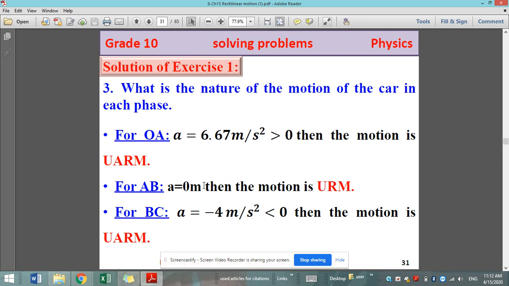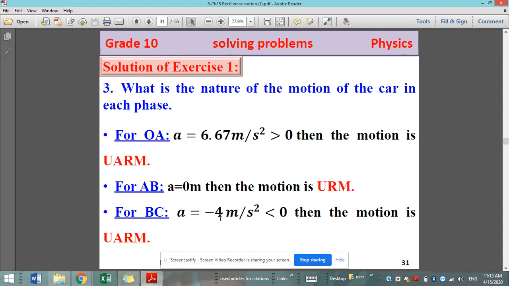And for BC, here we can add that V versus T is a horizontal line. Here it is necessary. For BC, a is negative. Okay, fine, this is not enough. We know that it is decelerating, but is it decelerating uniformly? This is the point.